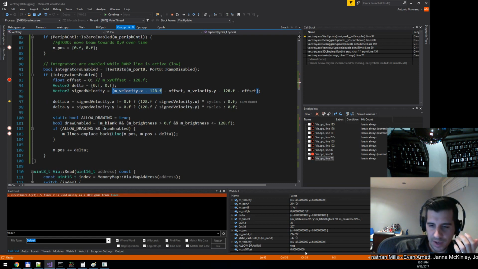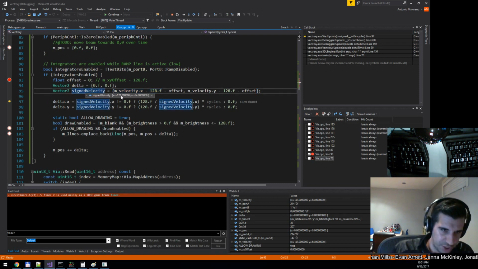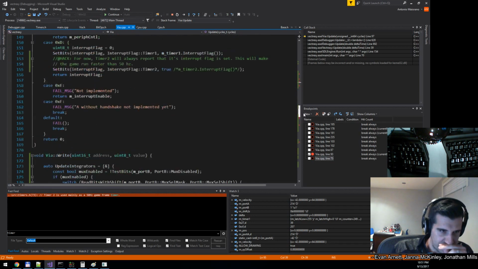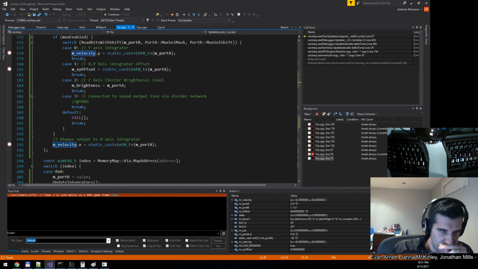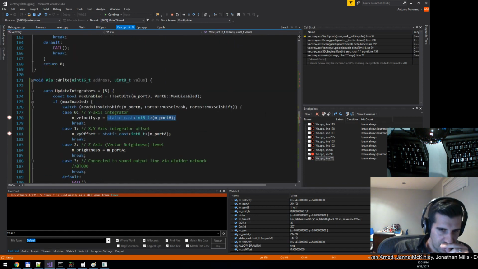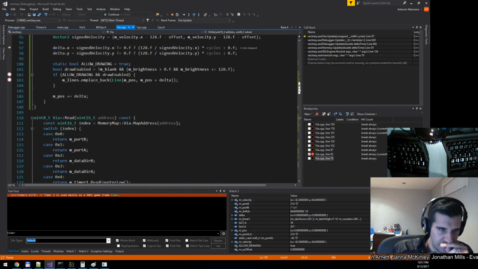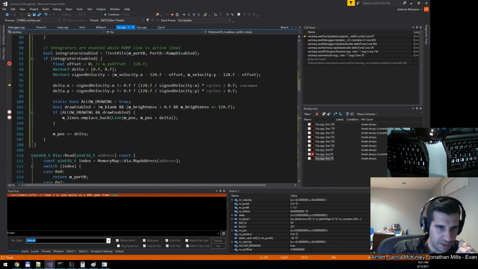This explains why we're not moving correctly, because sign velocity here is much too large. We were expecting to be moving at minus 42 and we're actually moving at minus 170. So that's the bug. My question here is, was this not what I should have done, because I was already turning this positive value into signed values here.